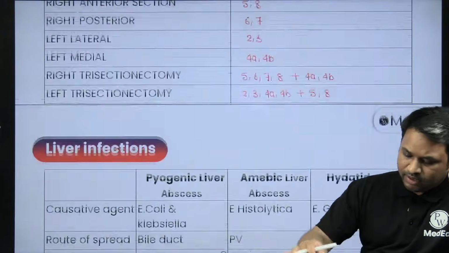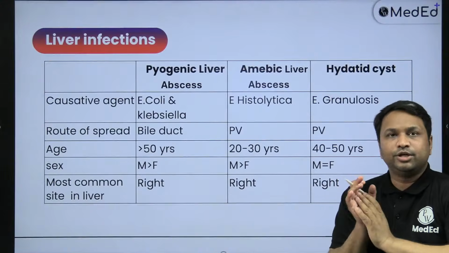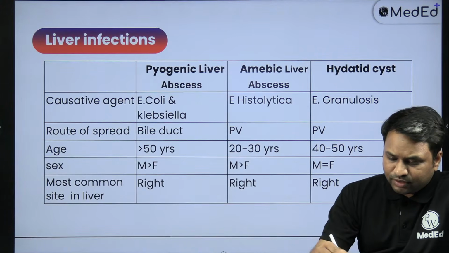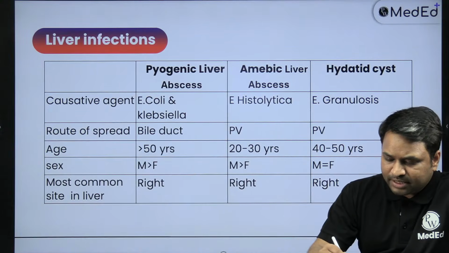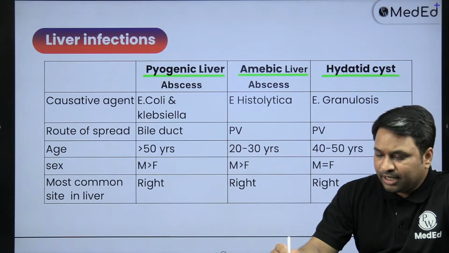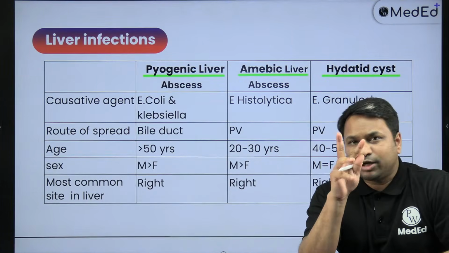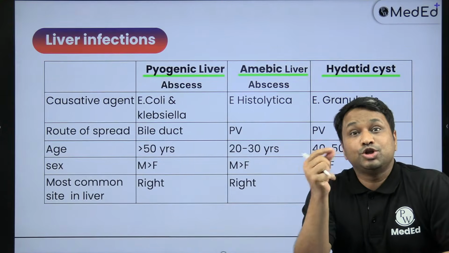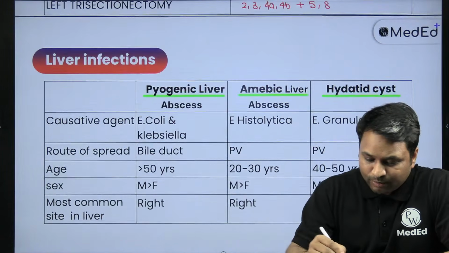Okay? Now, another question that they usually ask you is about the liver infections. In the liver infection, we have 3 topics that we'll discuss: pyogenic liver abscess, amoebic liver abscess, and hydatid cyst. Out of these 3, there are 2 abscesses, that is pyogenic and amoebic liver abscess. Out of these 2, which is not a true abscess, and that's also an exam question.